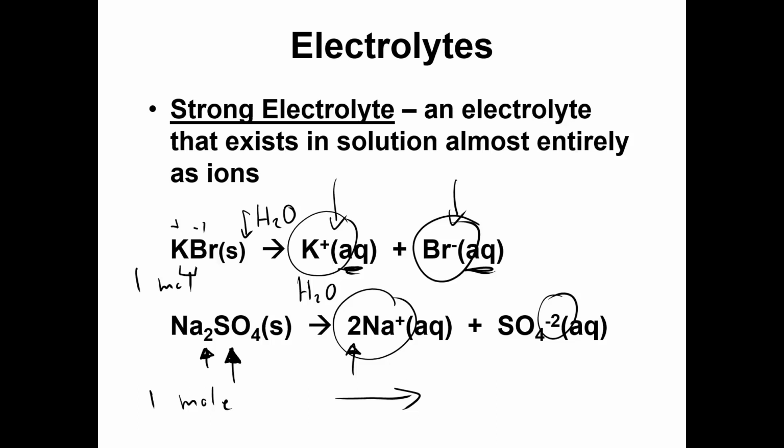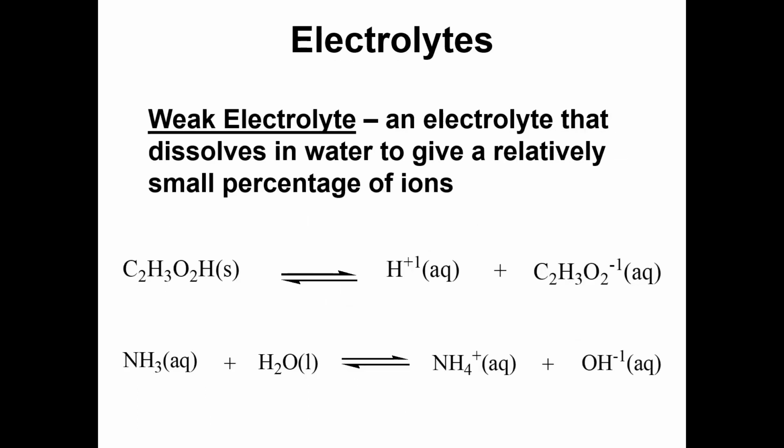Looking at weak electrolytes now, acetic acid or any kind of weak acid, how would you know? By writing the equilibrium arrows here, right? So here we have acetic acid, and it's drawn in a way where we have acetate and then that H plus separated, and so that turns into H plus and acetate ions. But there's an equilibrium here, so there's a little bit of everything, right?